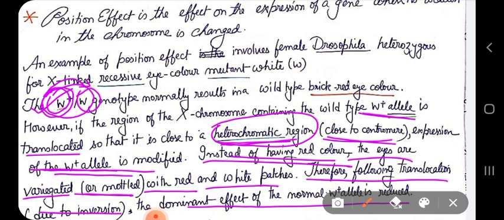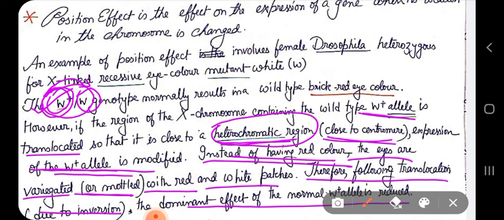But if its position is changed as a result of paracentric inversion, and placed close to the centromere of the chromosome, what happens? The centromere is a heterochromatic region, a fully coiled region that does not contain any essential genes.